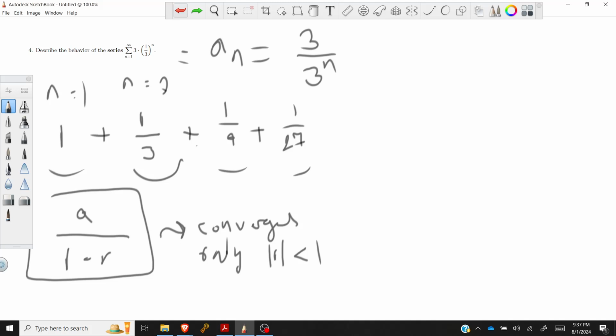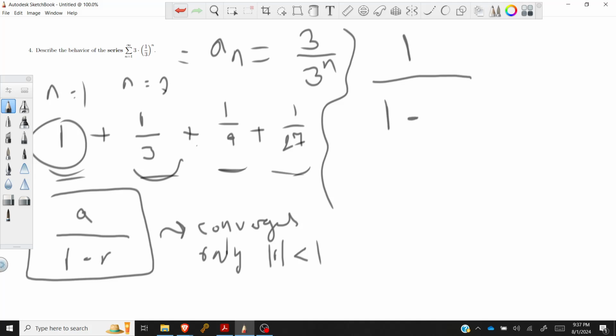So A is our first term, so that's just going to be 1. Let's write the equation over here. So A is 1 over 1 minus R. What is R? What is the common term here? Well, this is 3 times 1/3. This is 1/3 times 1. This is 1/3 times 1/3. This is 1/3 times 1/9.